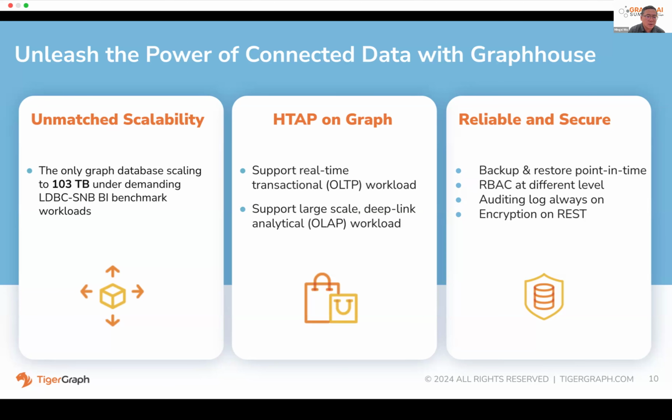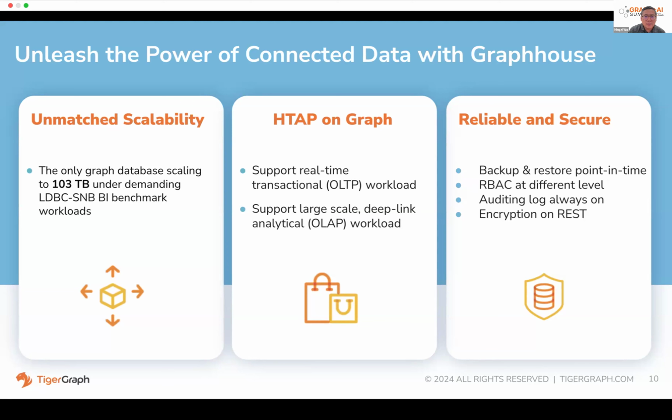And so far, we are still the only one that can deliver at this scale. And this benchmark is really designed with 20 very difficult queries to choke your engines. And TigerGraph can finish each of them in minutes.